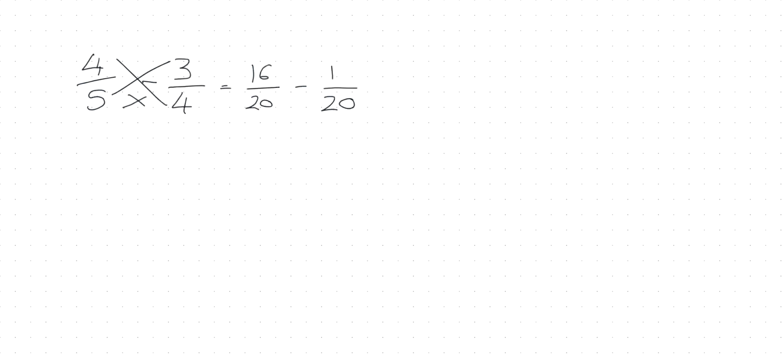This time I just need to subtract them. 16 subtract 15 gives me 1/20, and then I've got my final answer. So adding and subtraction follow that same pattern. Get common denominators, which means your numerators need to be equally multiplied up to give you equivalent fractions to your starting two. But all you then do is just subtract off your numerators.